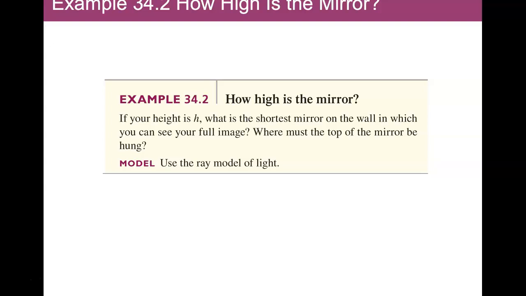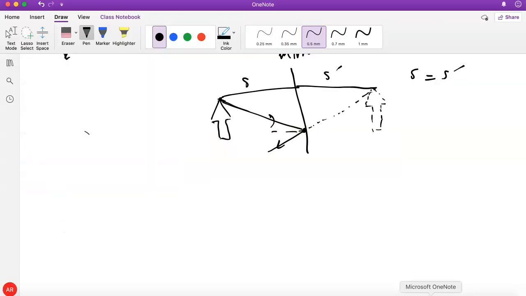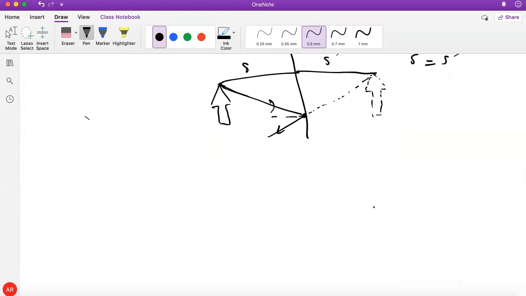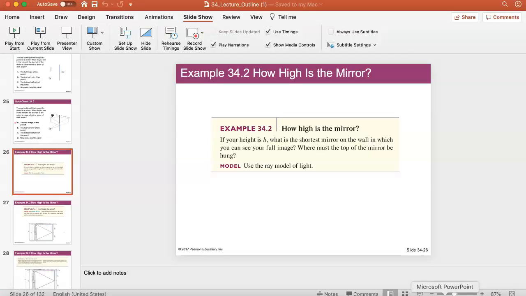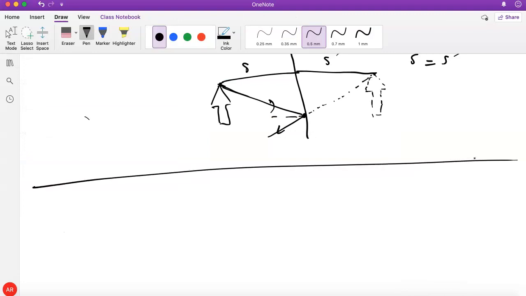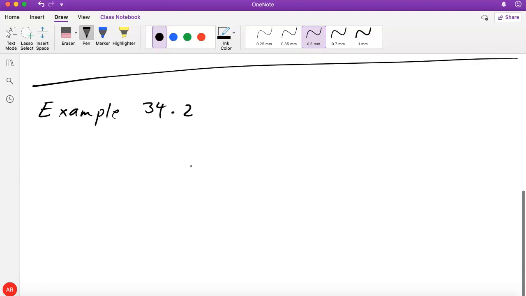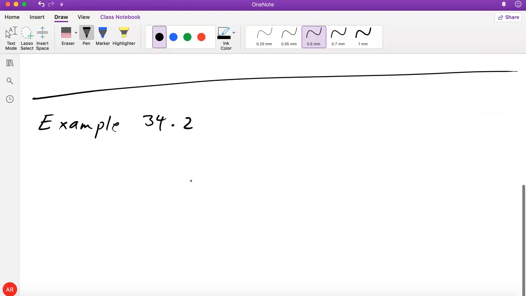All right, so let's go back to the notes. This was example 34-2. Okay, so let's say there's a wall here and we want to hang a mirror on this wall.